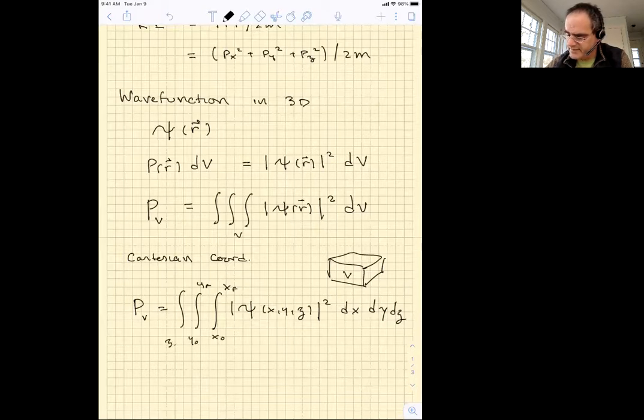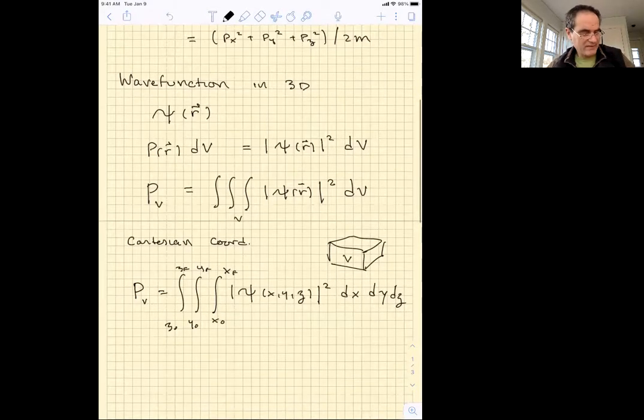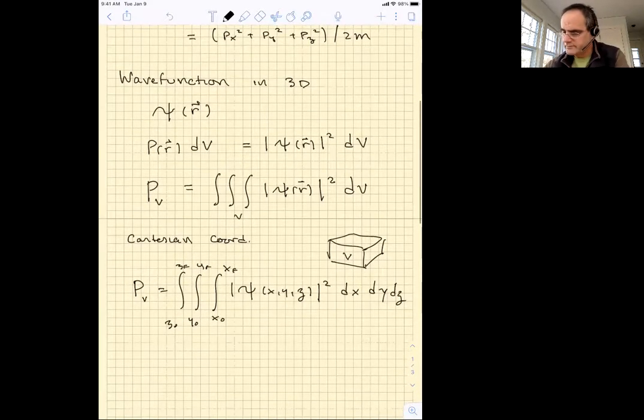And then we have limits. Okay. So that's the wave function adapted to 3 dimensions.